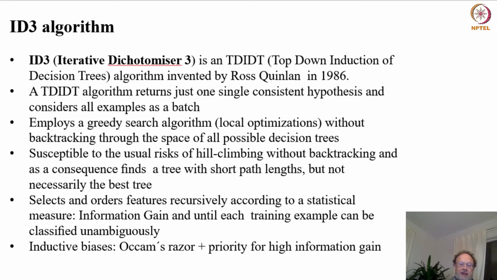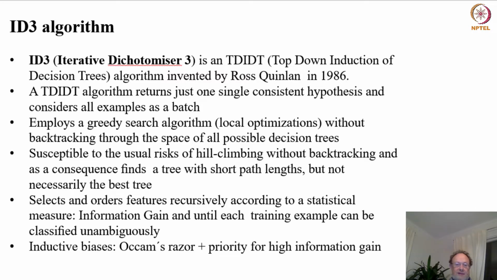This kind of algorithm selects and orders features recursively according to a statistical measure called information gain, which we described earlier in part 1 of this lecture, until each training example can be classified unambiguously. Some kind of inductive bias is built into this algorithm.